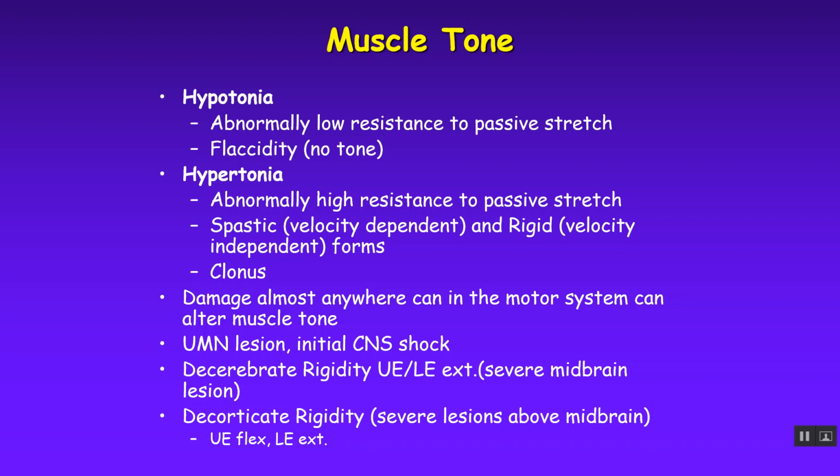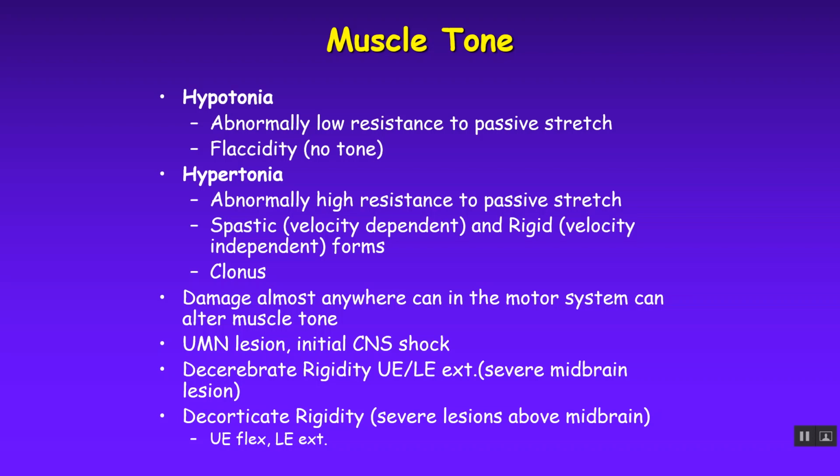Flip side is hypertonia. That's abnormally high resistance to passive stretch. So you pick their limb up and you go to move their limb, and at some point it gives you more resistance than you would expect from a normal nervous system. Hypertonia, you can have spastic forms and rigid forms, and you can have both, okay?